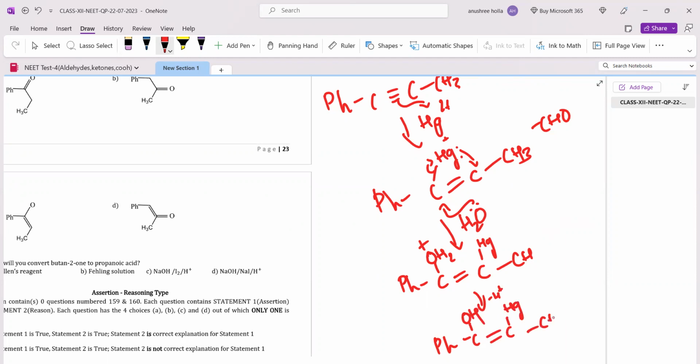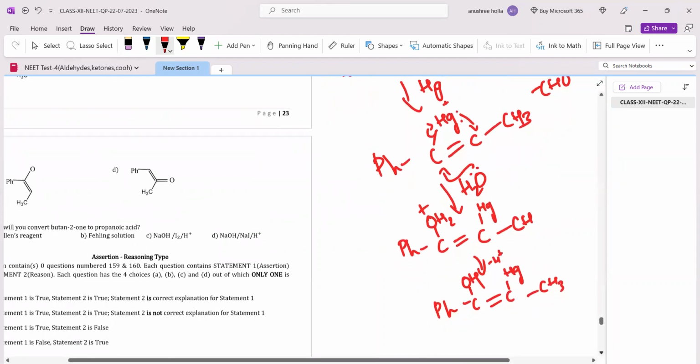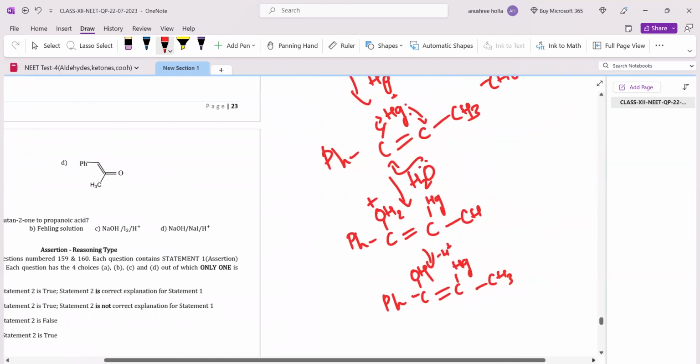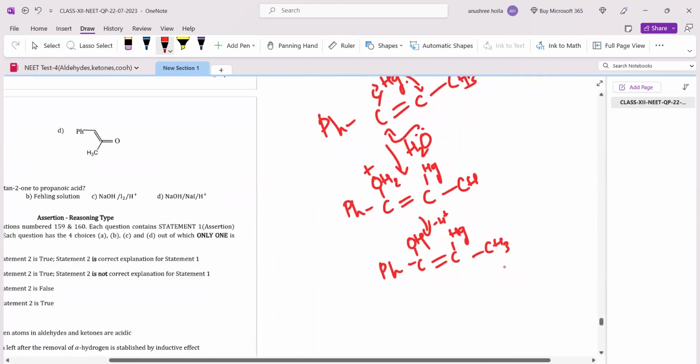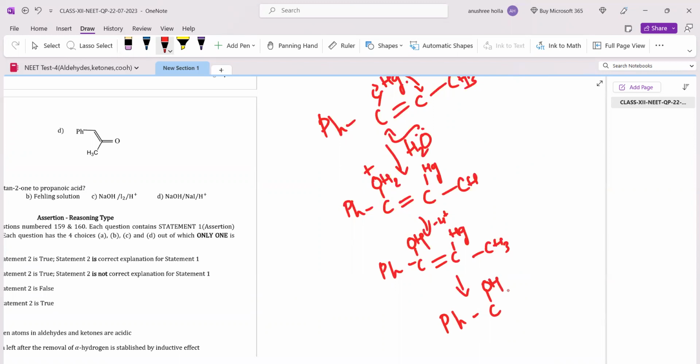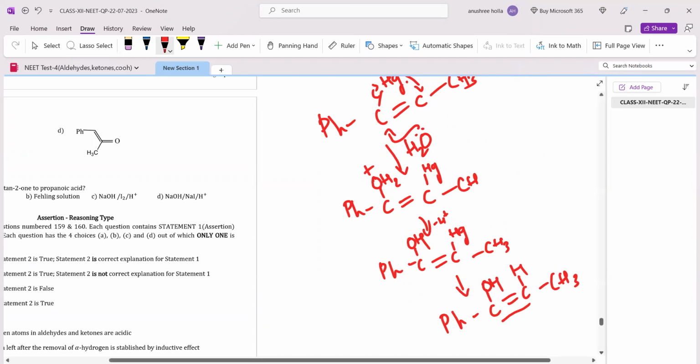And if we add some reducing agent to remove the mercury, we'll get CH3. Now this can undergo tautomerization. The hydrogen comes here and you'll get a double bond between carbon and oxygen.